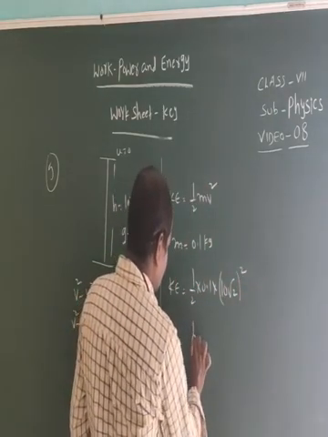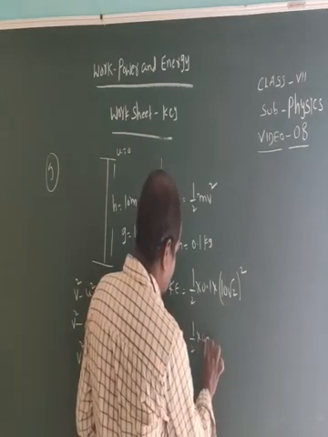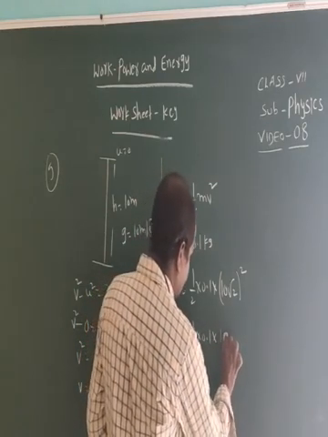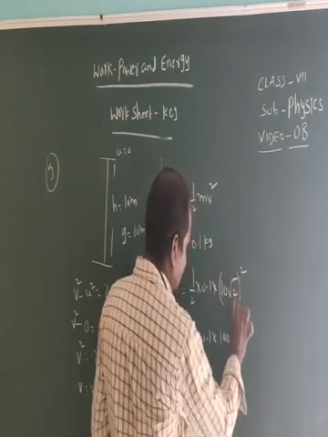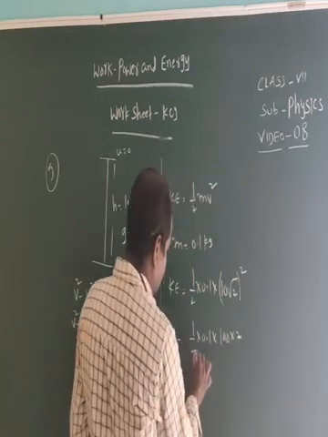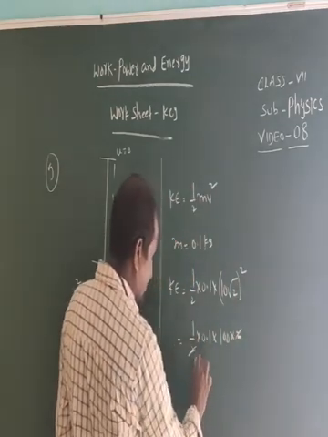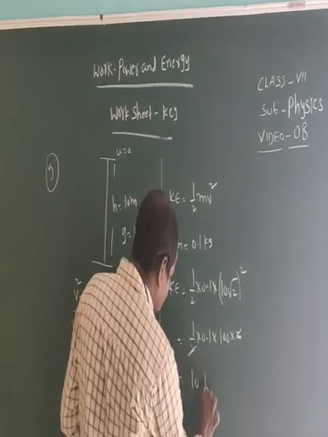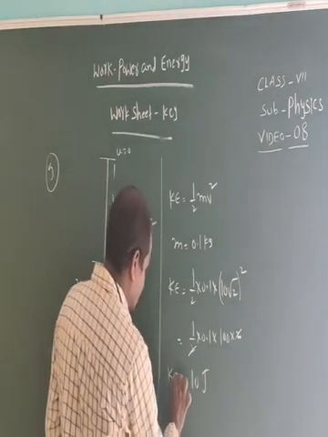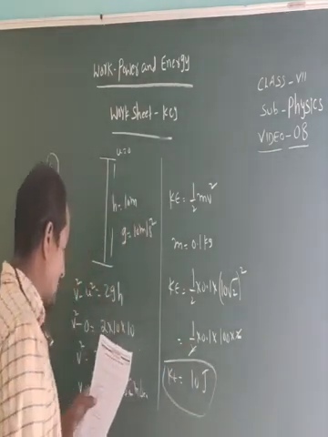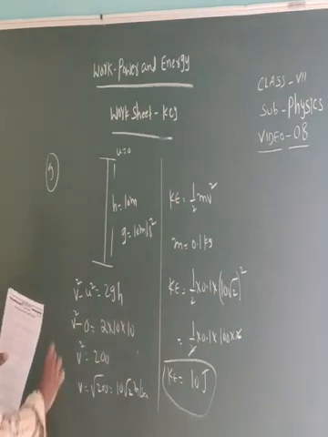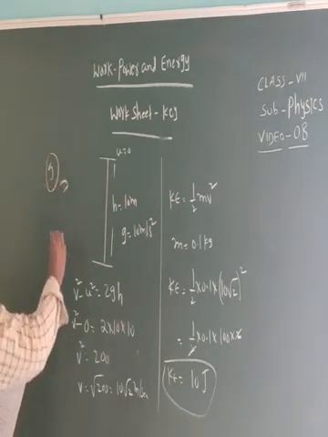Half into 0.1 into 10 square, that is 100, root 2 square, that equal to 2. So here 2 gets cancelled. 100 into 0.1, that equal to 10 joules. So option number D. Listen once again.